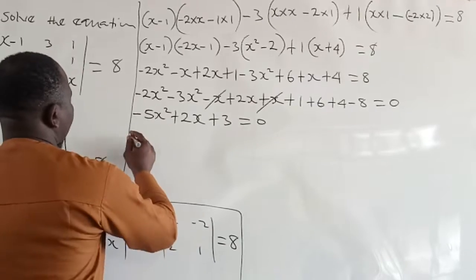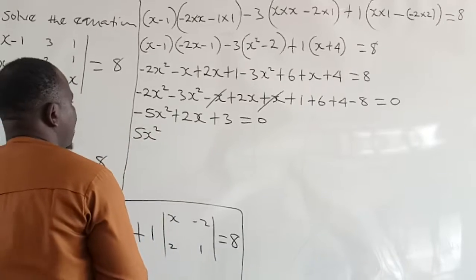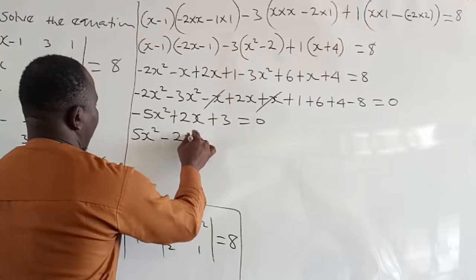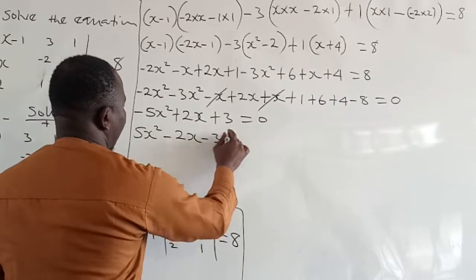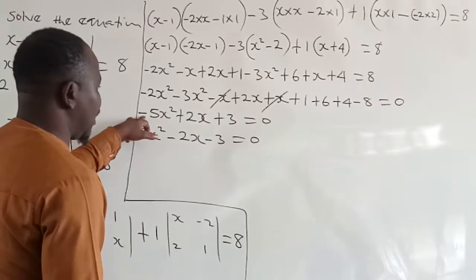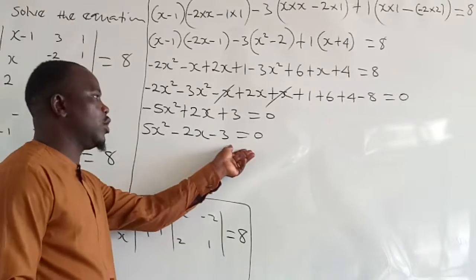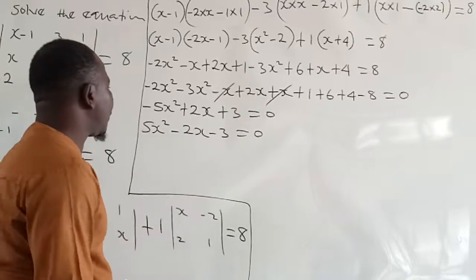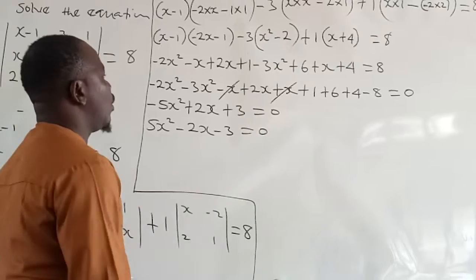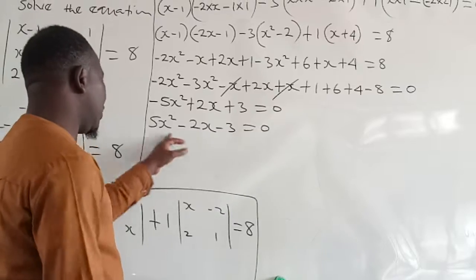It implies that minus times minus will give you plus 5x squared. Then minus times plus will give you minus 2x. Minus times plus will give you minus 3. Amen? You discover that this minus has vanished. Okay? So now, at this point, this is a quadratic equation. You can use completing the square method, factorization method, or formula method to obtain the answer.